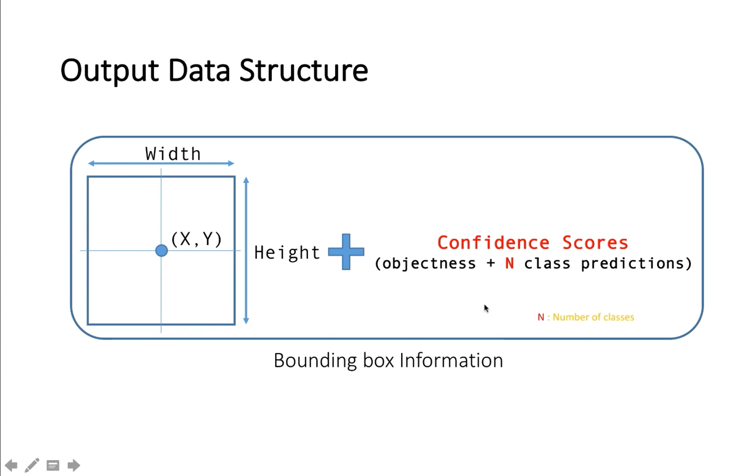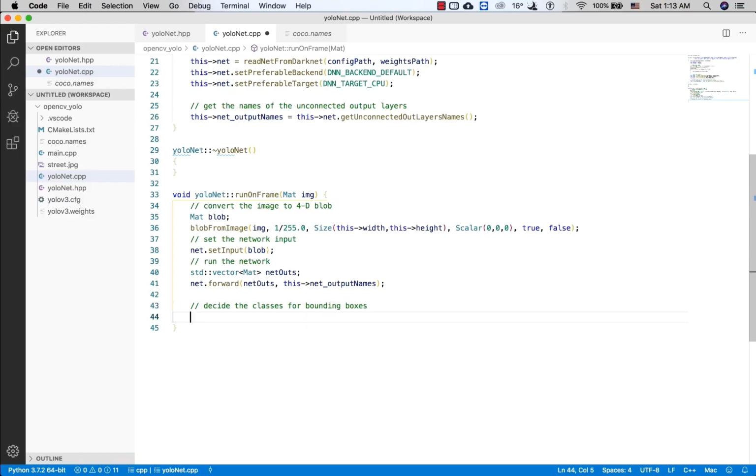And in here we will implement the part for reading this information. If the confidence of the object is greater than or equal to the confidence threshold, it includes an object. Here we need parameters for saving the confidence, the class ID, and the rectangle of the bounding box.